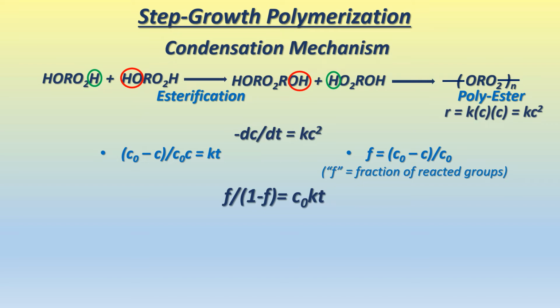So you get a term F divided by 1 minus F is equal to the original concentration times kt. This allows you to determine the rate of a condensation mechanism because a plot of F divided by 1 minus F versus C0 times t is linear, and the slope of that will be the rate constant of the reaction.